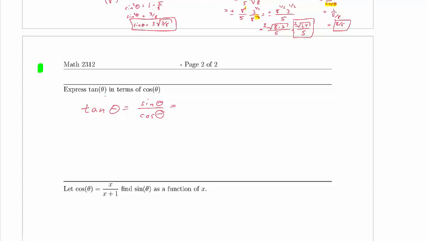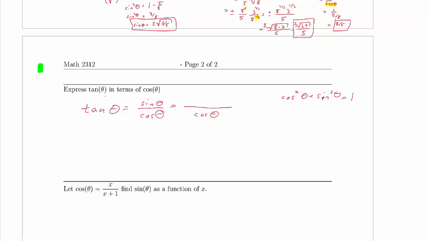Well, we already know from the Pythagorean identity, we have cosine theta here. All right, so now we express sine theta in terms of cosine theta using the Pythagorean identity. Let's go ahead and come off to the side here so you guys can see it. Cosine squared theta plus sine squared theta equals 1.